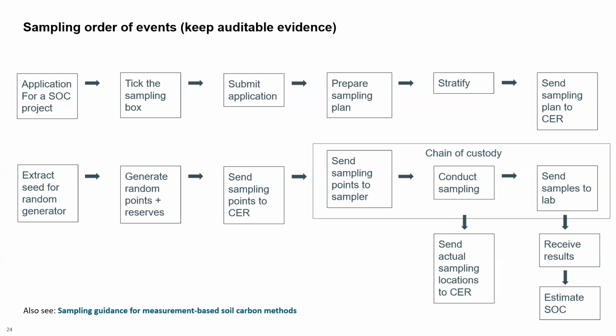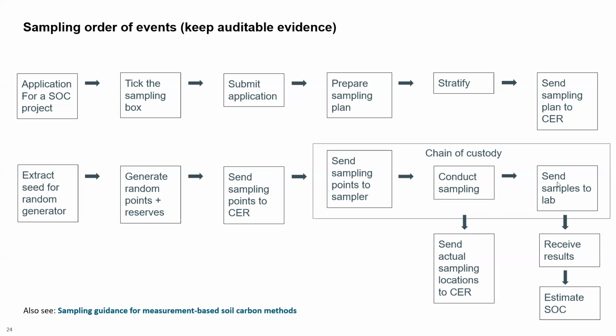So once the sampling is finished, you have to send back to the CER the actual sampling locations attached to the same sampling plan. So you send the sampling plan, they send you the seed back. You send them back the planned sampling locations. You conduct the sampling, you send them back the actual sampling locations, and you need to keep a trace of that for audit, of course.